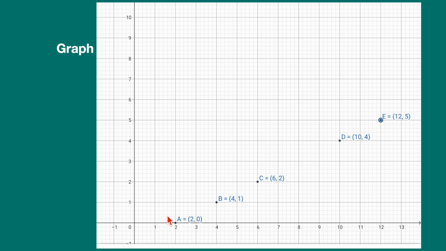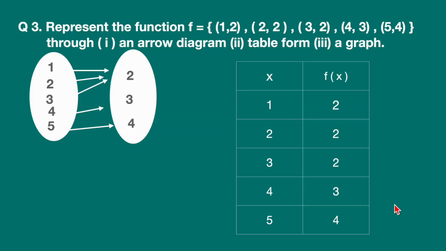So when x is 2, f(x) is 0. This is the point. When x is 4, f(x) is 1. This is the point. When x is 6, f(x) is 2. When x is 10, f(x) is 4, and when x is 12, f(x) is 5. So these are the different points.